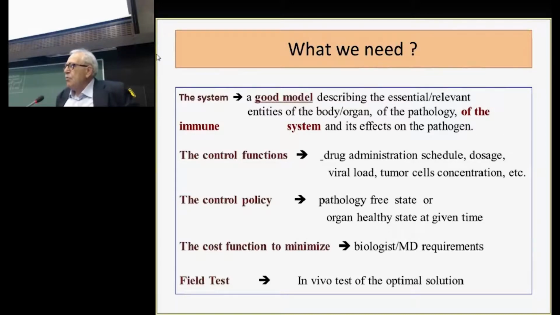We try to describe the immune system in many ways, and the description should be as simple as possible. We'll never include everything. Forget it. We try to include what is necessary to describe the system in a proper way.